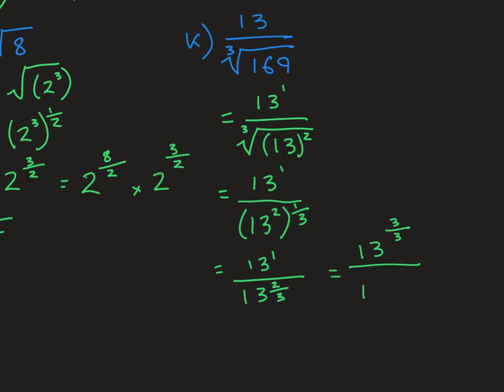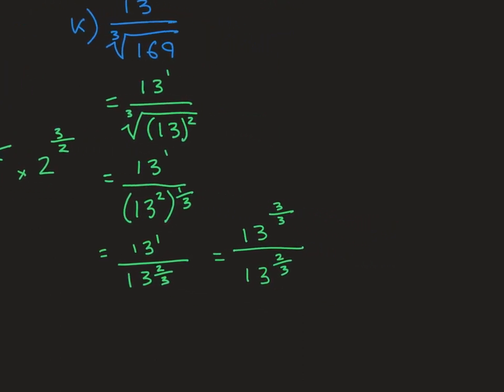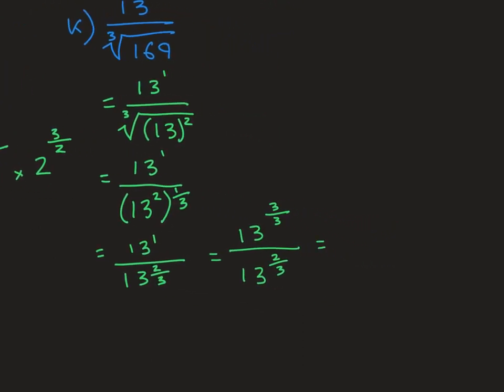Okay, divided by 13 to the power of 2/3. And then what we get is, now we can use our index laws. 13 to the power of 3/3, take 2/3, which equals 13 to the power of 1/3. Okay, and that's that done.